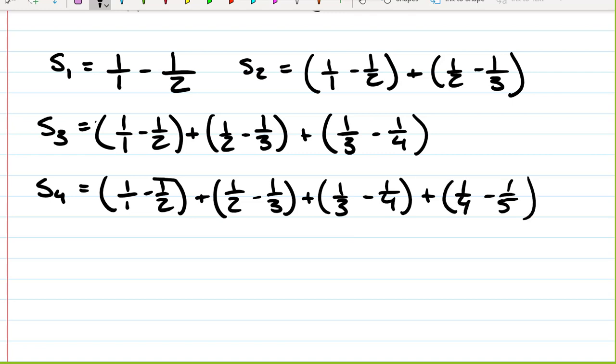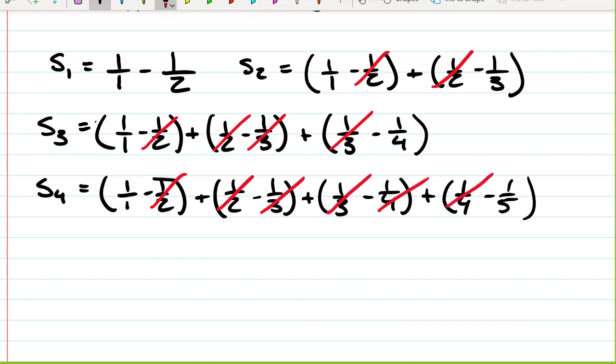So as we write out more and more of these terms, we notice something interesting happening. The first one's kind of boring, but here I have a negative 1/2 and a positive 1/2, so they cross out. Here I have a negative and a positive and a negative and a positive. And then here, negative, positive, negative, positive, negative, positive.